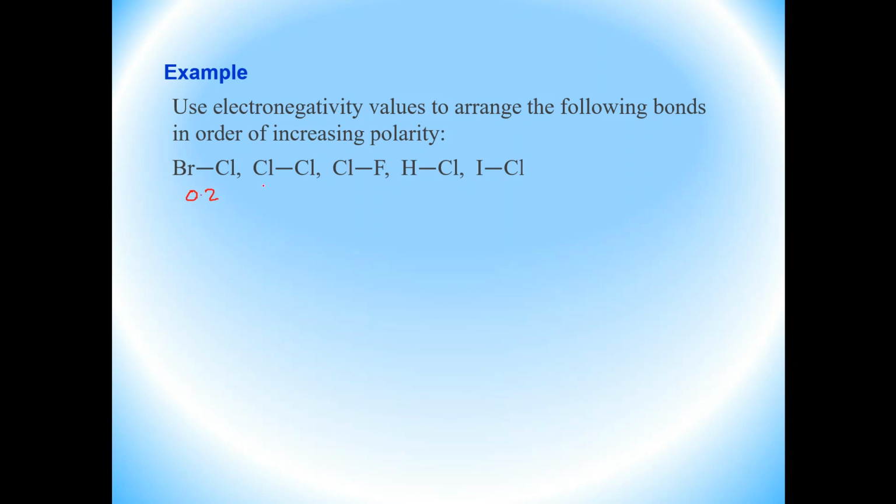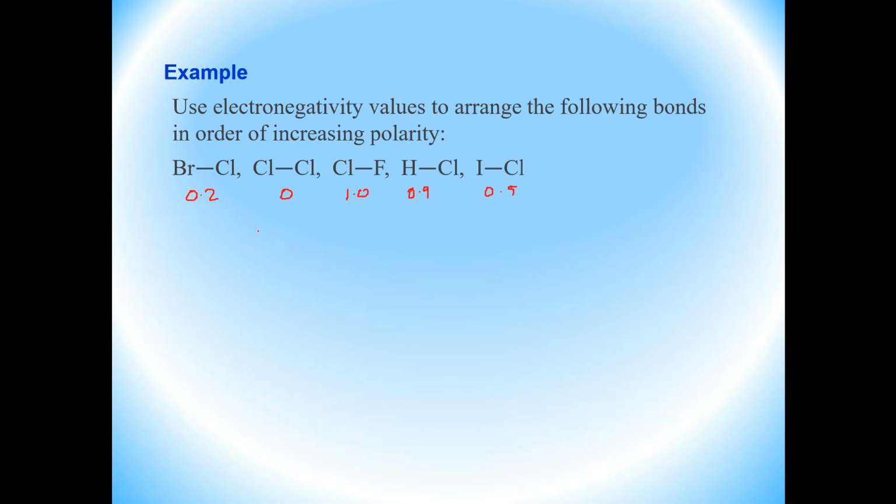In the case of the chlorine to chlorine bond, that is obviously 0 because the two atoms are identical. In the case of the chlorine to fluorine bond, that's 1.0. In the case of the hydrogen to chlorine bond, that's 0.9. And finally, in the case of the iodine to chlorine bond, that is 0.5. I got these numbers by simply using the values for the electronegativity of the different atoms and finding the difference between the two atoms involved in each case.